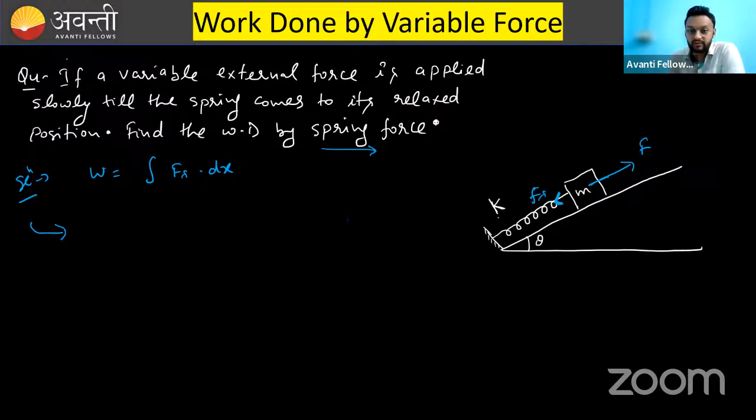Okay, now consider the situation very carefully. If I consider the block, the block will have mg. You all know that. If I omit other forces, there is a normal reaction, and there is a mg cos theta and there is a mg sin theta. Is it clear?